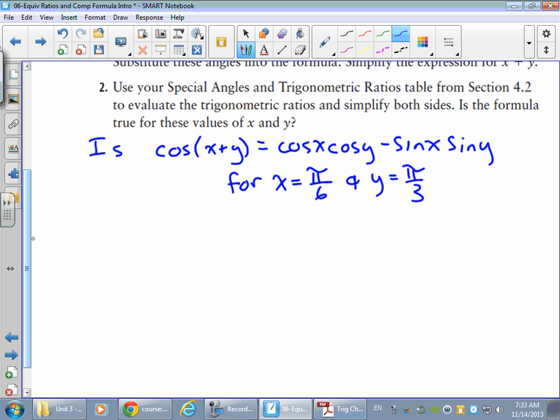Now, the one thing we want to establish is just good mathematical form.